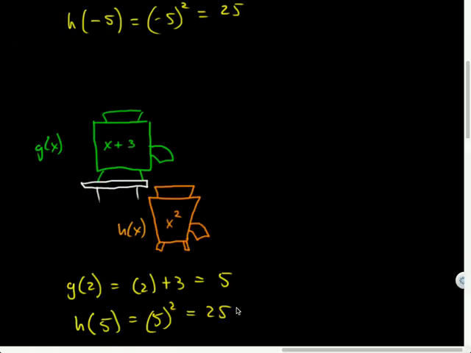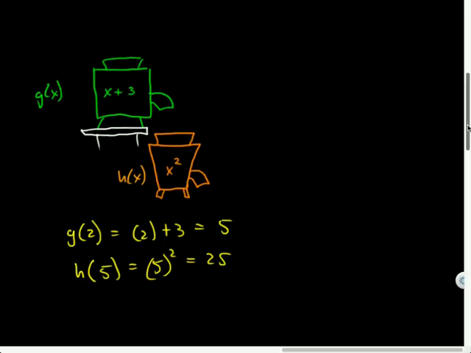So now the mathematical way of writing this, when I'm using multiple machines, is h of g of x. Well, technically h of g of 2, if we wanted to be specific.